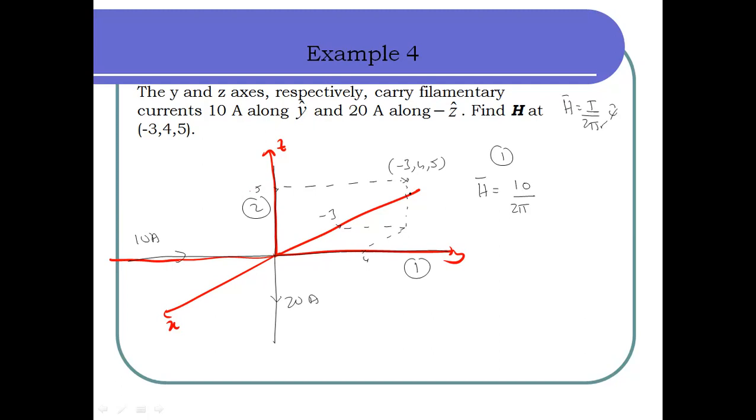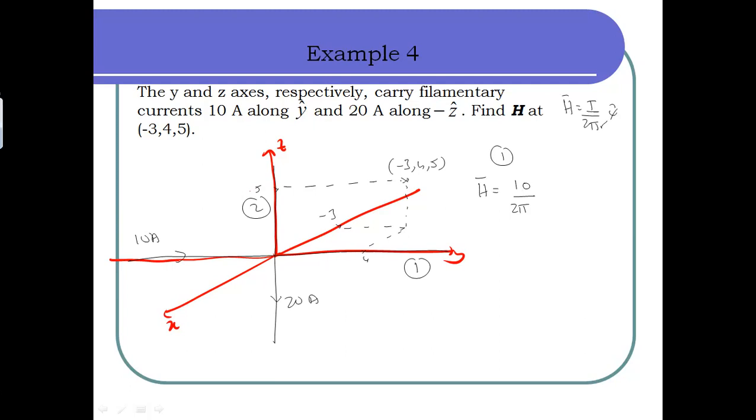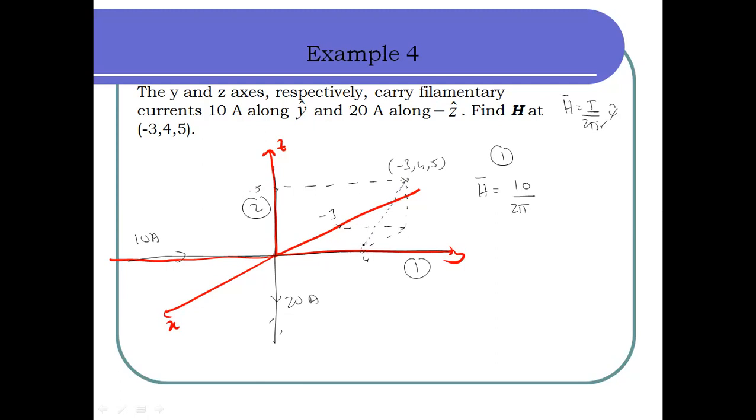Based on this, the perpendicular distance should be given by this line. Let me use the blue color. If we can plot it, that should be the line that gives us the perpendicular distance.